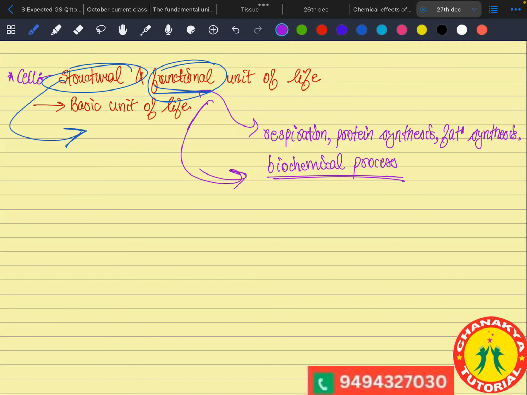So O2 was taken in a cell and CO2 was released. That means there is a change in composition. A new material is formed. Whenever there is a formation of new material, a chemical process is there. And we say bio, that means it is related to biology.